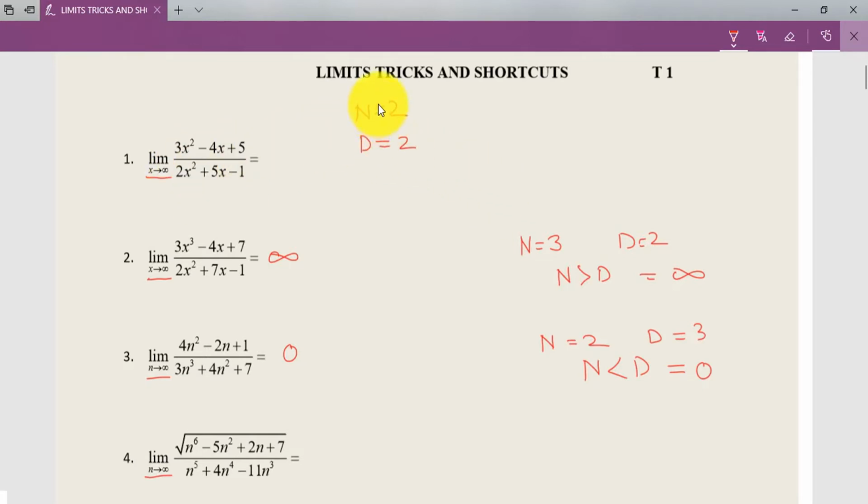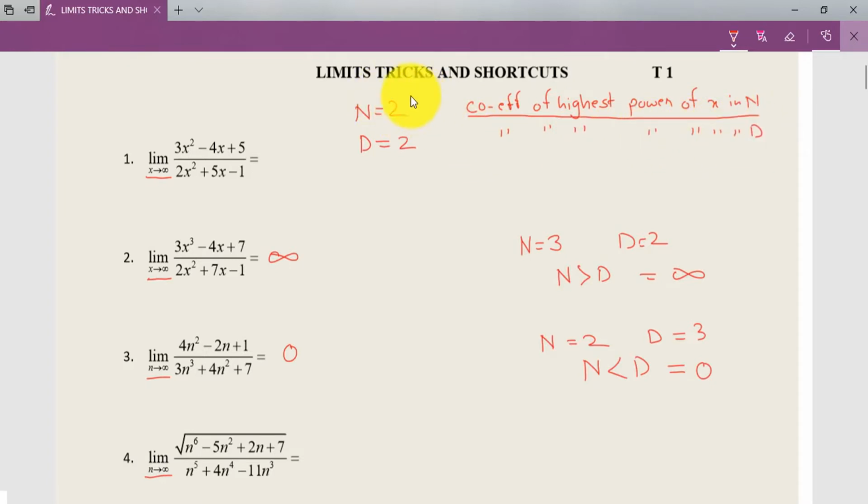Now when the powers are equal, what you are going to do is write the answer as the coefficient of the highest power of x in the numerator divided by the coefficient of the highest power of x in the denominator.